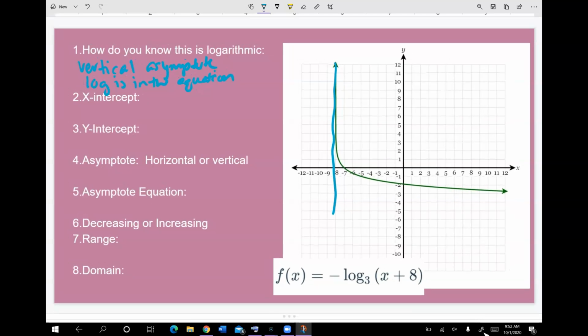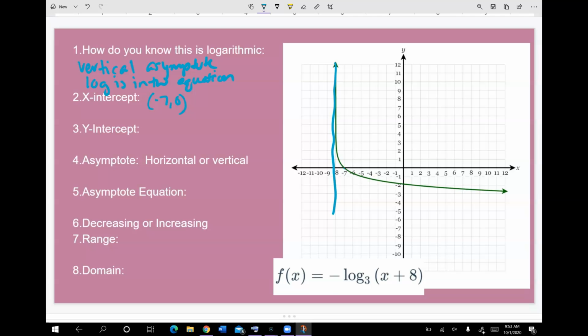For the x and y intercept, you get those from Desmos, but it looks like these are pretty clean cut. So that one is going to be negative 7, 0. Actually, that one might not be. Let's check it in Desmos just to make sure.